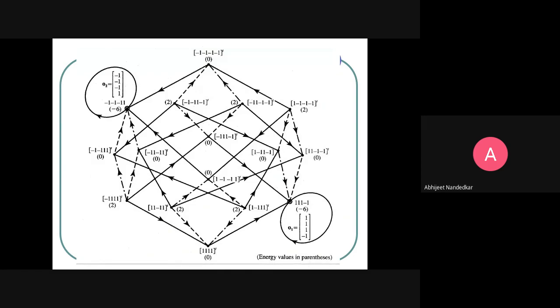Now this diagram may give you a better idea. Here it's a 4 neuron network, so there are 4 entries in the output. This is the output vector with different possible combinations.